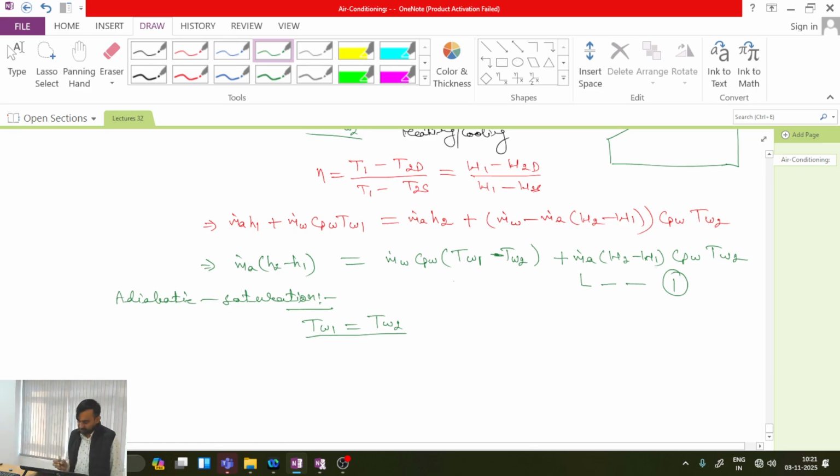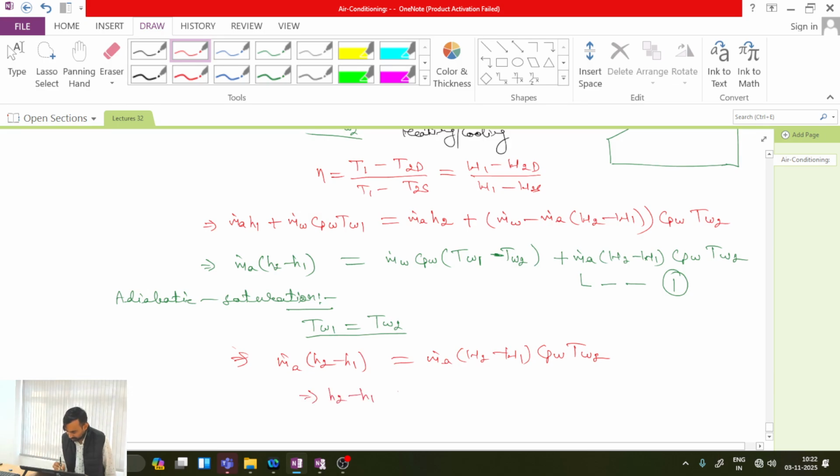If this is the situation, then m dot A into H2 minus H1 will be equal to m dot A into W2 minus W1 CPW into TW2. And ultimately I can simply write that H2 minus H1 equals W2 minus W1 into CPW into TW2, which can be written as the enthalpy of the fluid, water, HF.